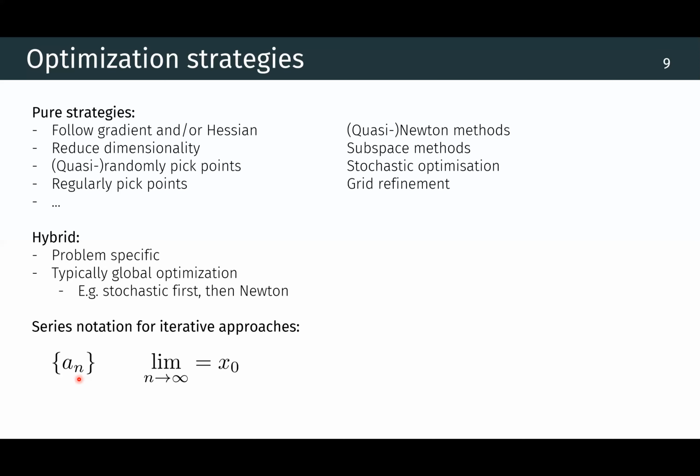So n-1 is the step before, n+1 is the step after. And we're always going to give an equation that gets you from a_n to a_{n+1}. That's what the code would do. The idea is that as n approaches infinity, the limit of this operation shall be the minimum. And that's typically the case.